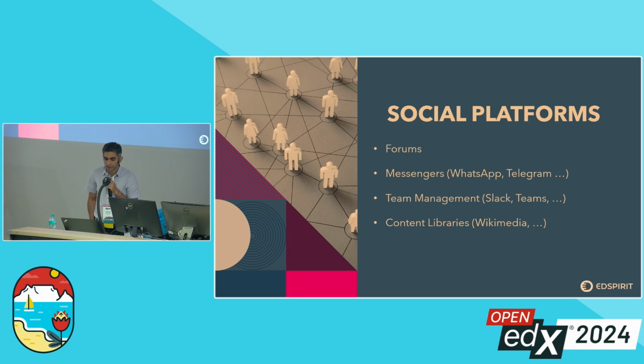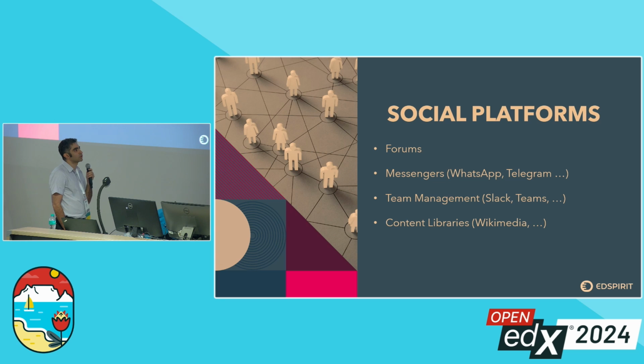Before we go forward, it's good to look at the categories of social platforms that are out there. So we started with forums, which are kind of very outdated communication tools. Someone comes in, asks a question, and others will answer.